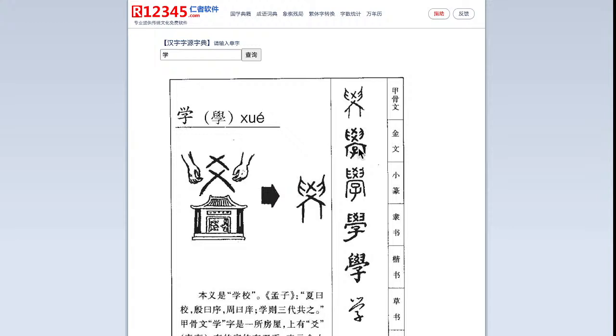You can see that there's a little child inside a house. That's the learning institute, and then there are two hands showing something. So basically inside the institution, you are showing kids something. That's 学.